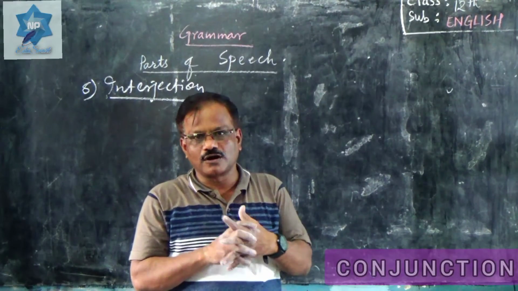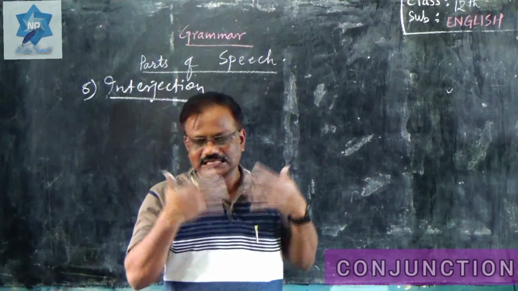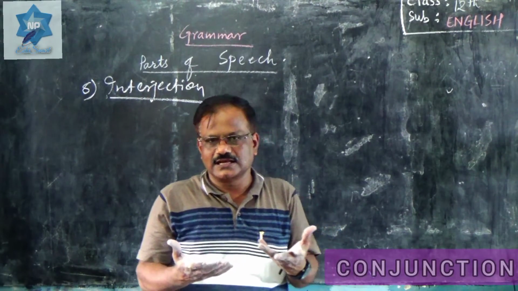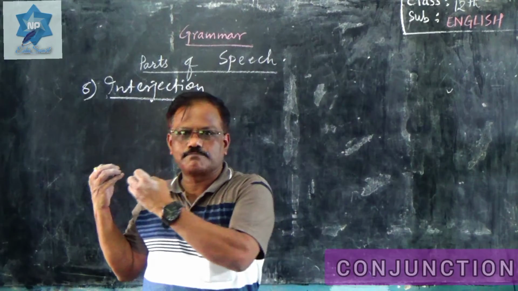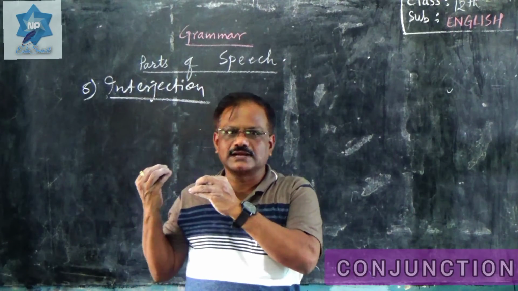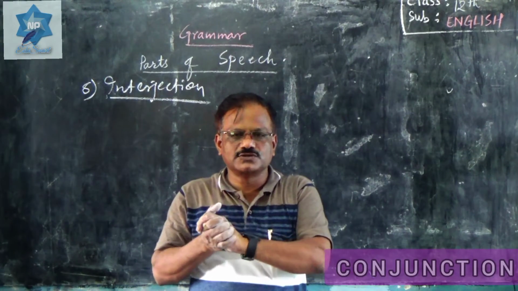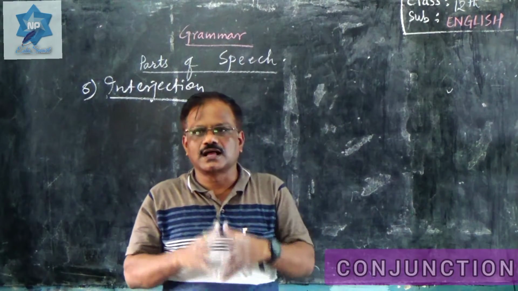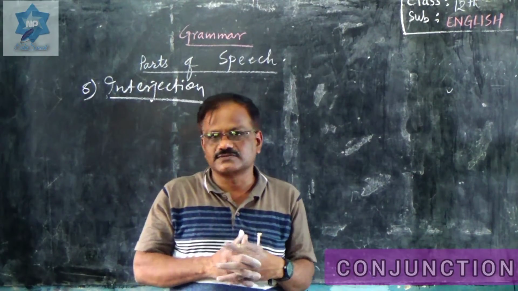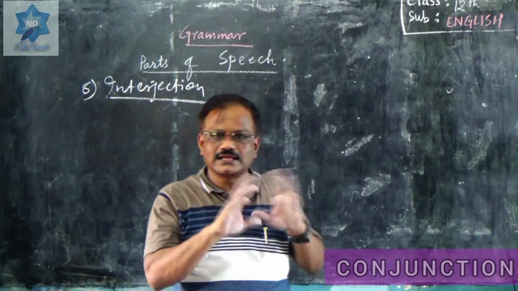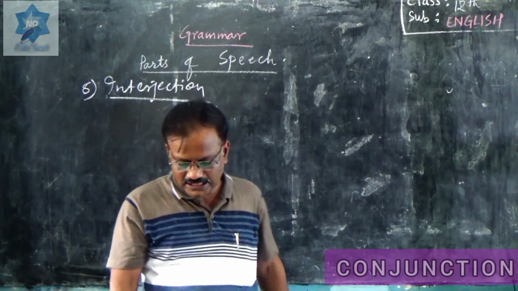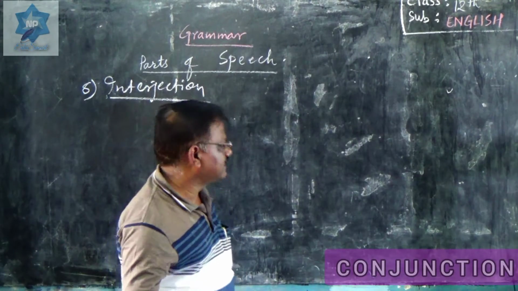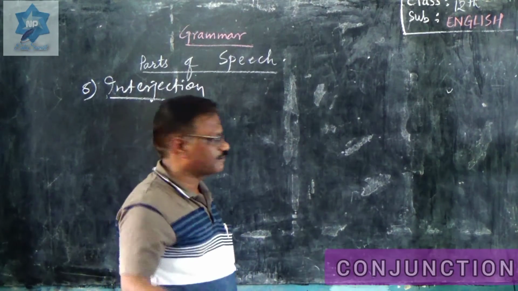Oh my God, or oh my goodness. That is an interjection. Or when somebody passes away and you hear that news, suddenly you express, alas, he has passed away, he was a very good fellow. In this way, alas is an interjection. That is a sudden expression of emotion.